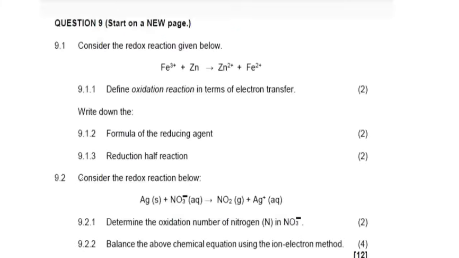Then 9.2 says, consider the redox reaction below. 9.2.1 says, determine the oxidation number of nitrogen in NO3-. So once again, let's solve that one. The oxidation number of the whole NO3- ion is -1. What are we looking for? We are looking for the oxidation number of nitrogen.